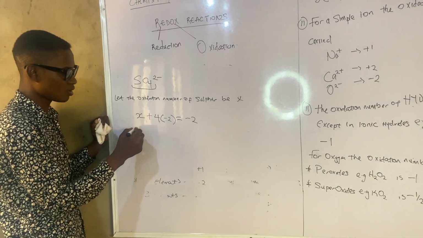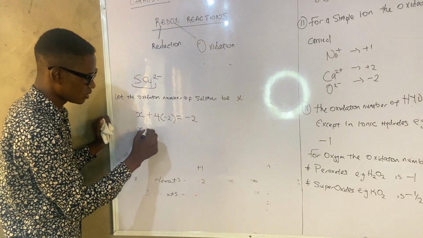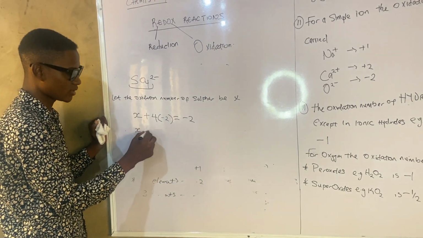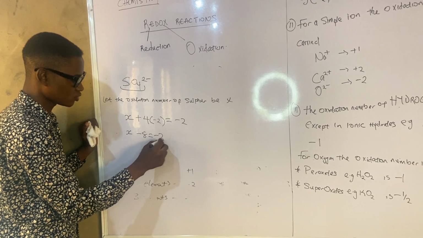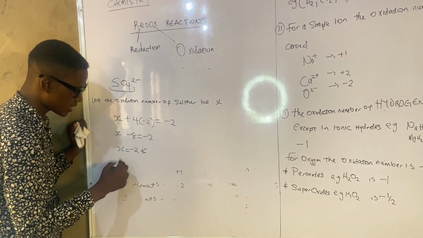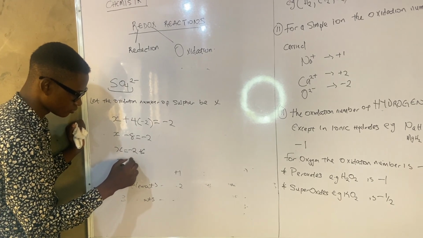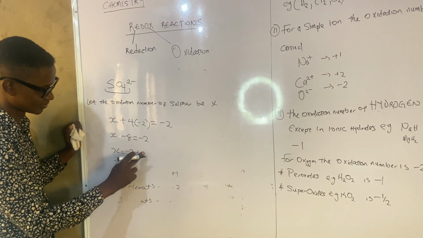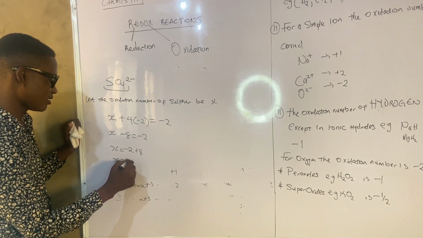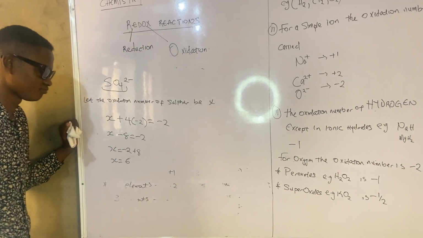So when we do our mathematics, x plus 4 times minus 2 is minus 8. So that will be x minus 8 equal to minus 2. So x equal to minus 2 plus 8. So x is equal to 6.